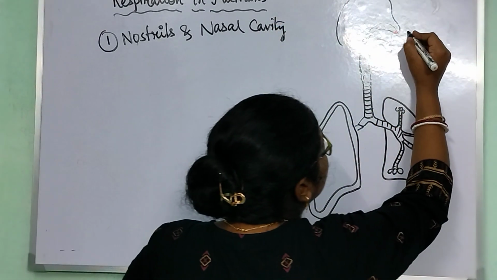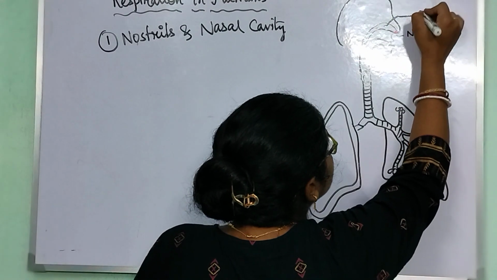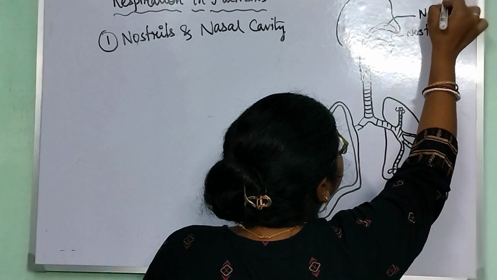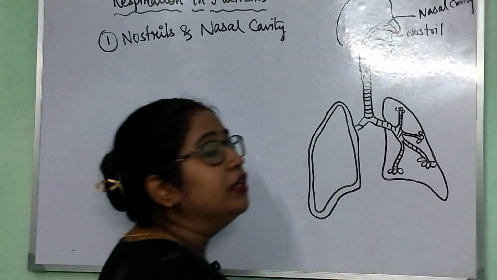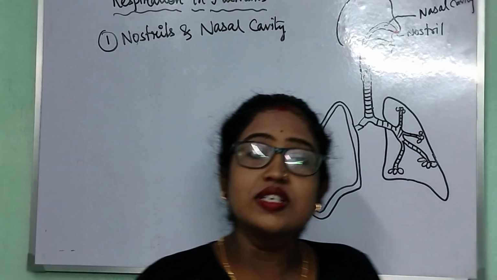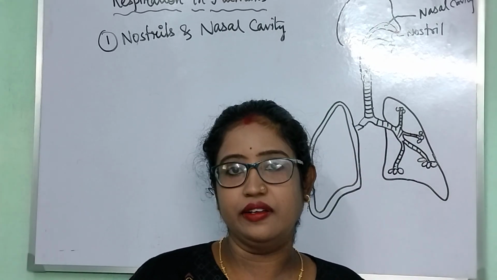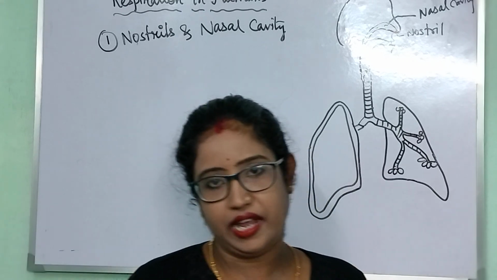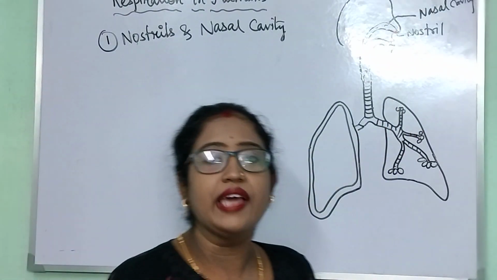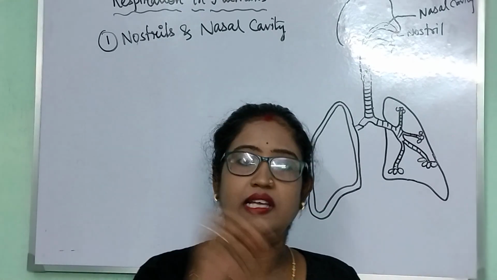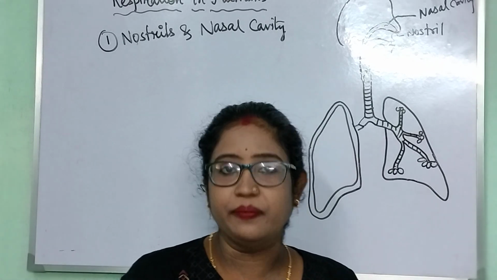This is our nostril and this cavity is known as the nasal cavity. Nostrils are the external or outermost opening of the respiratory tract. Then the nostril opens into a cavity-like or pipe-like structure. This cavity is known as the nasal cavity.